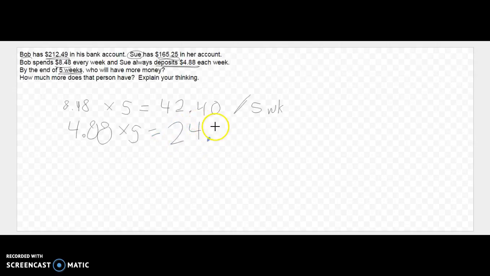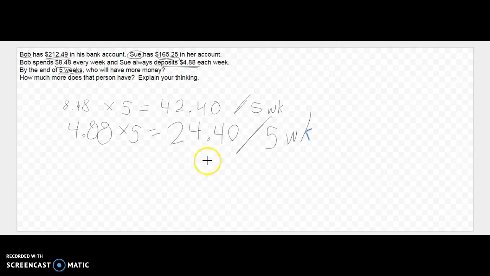Now remember, it's money, so you must add a 0 in that last place for the money, and that's for 5 weeks. Ooh, nice handwriting. There we go.